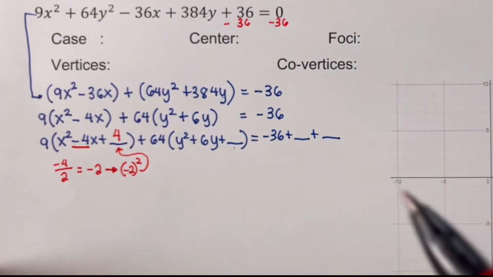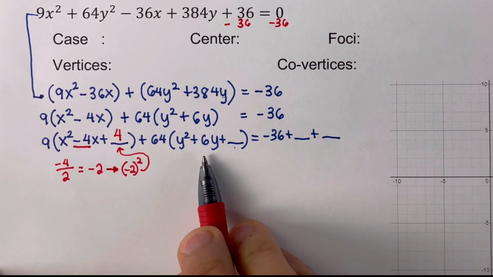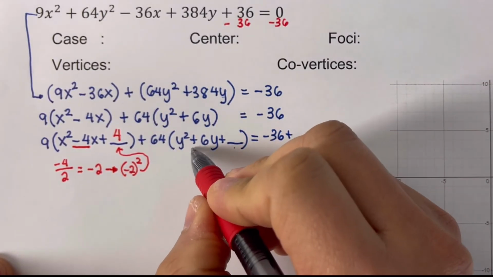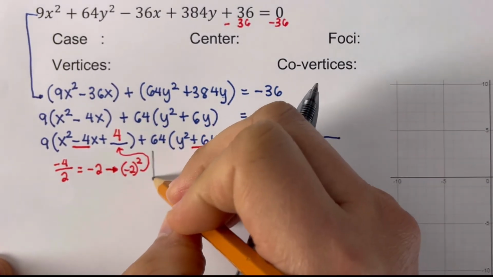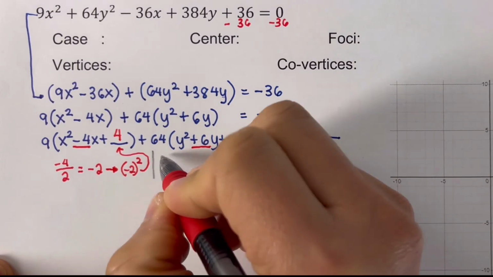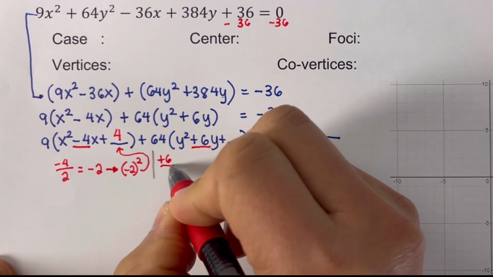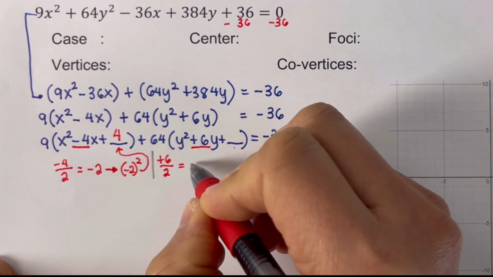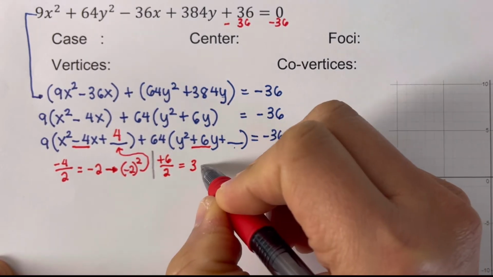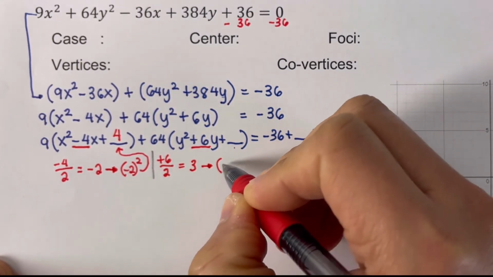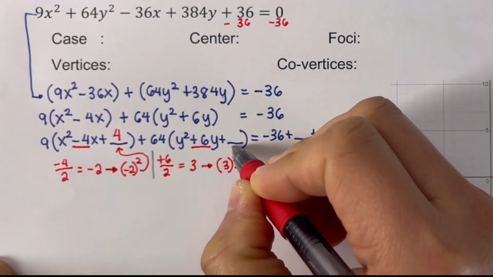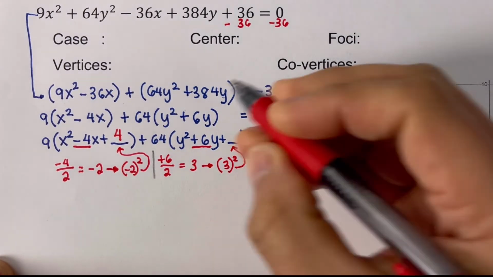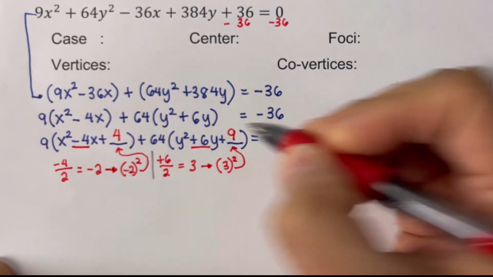And so I will do that on this other side right here. We look at positive 6, and we always divide it by 2 every time. So positive 6 divided by 2 is positive 3. And whatever that value is, we are going to square it. So 3 squared is 9, and I write that down there.